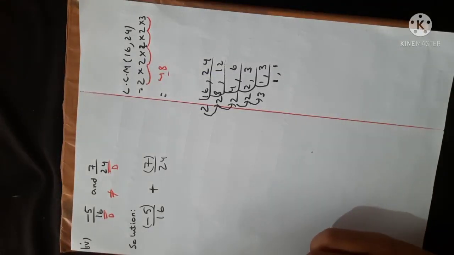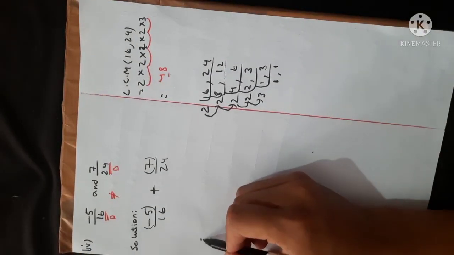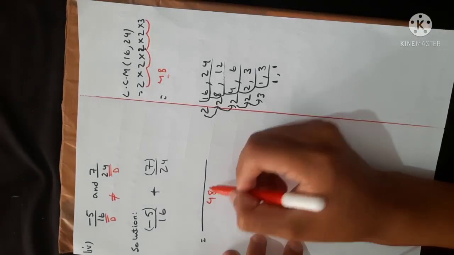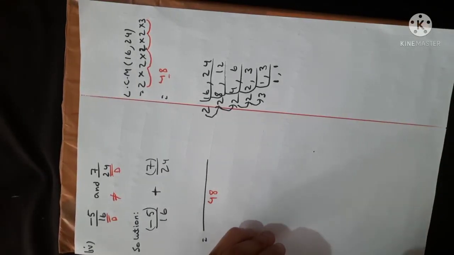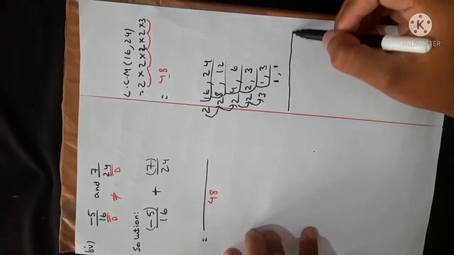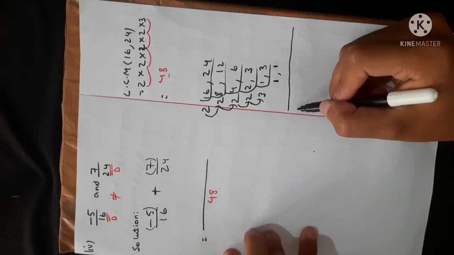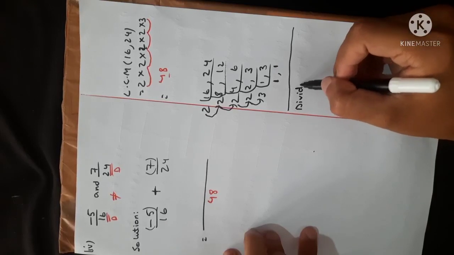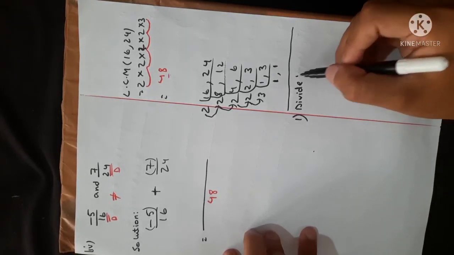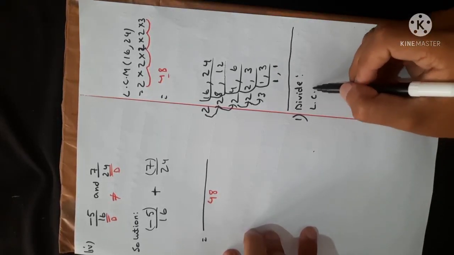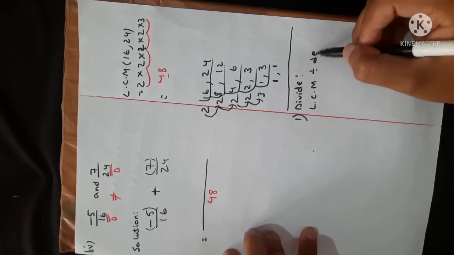So what should you do? Again, you just write here 48. Now what is the next step? Just like we did in the first question, you should divide.